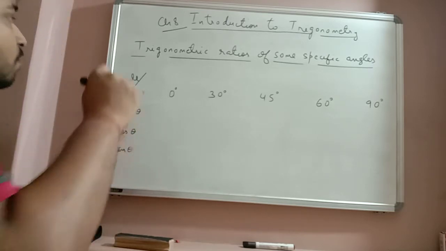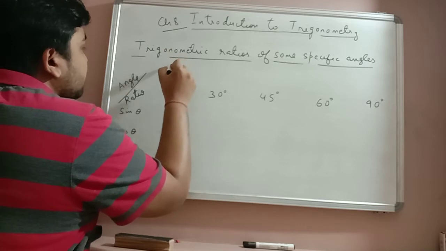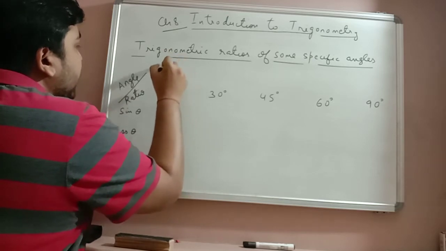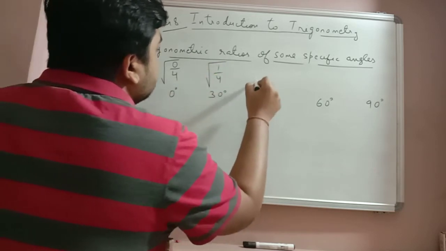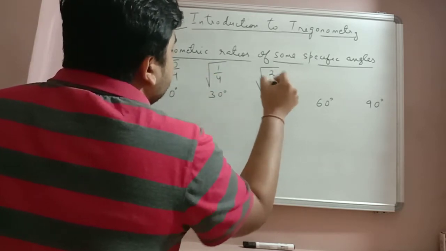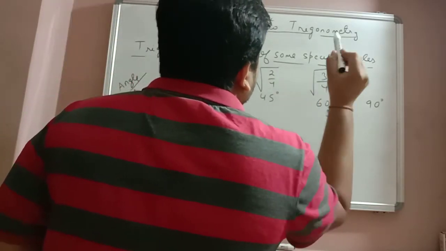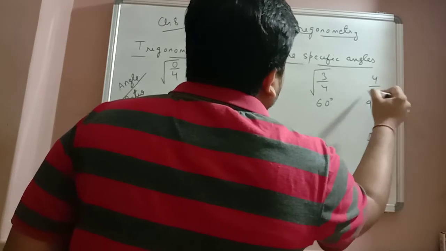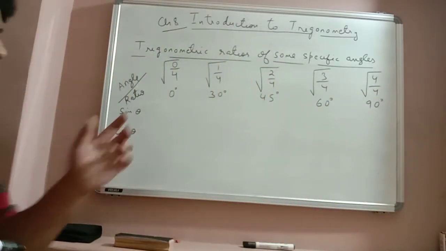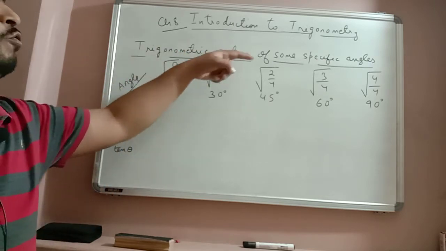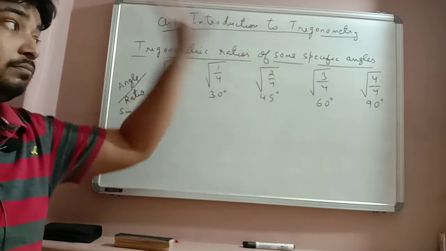Now what we need to remember is, let's write down 0 by 4 and put a square root, write down 1 by 4 and put a square root, write down 2 by 4 and put a square root, write down 3 by 4 and put a square root, and write down 4 by 4 and put a square root. So what we need to write down on the top of the table is 0 by 4, 1 by 4, 2 by 4, 3 by 4, 4 by 4, all under square root.